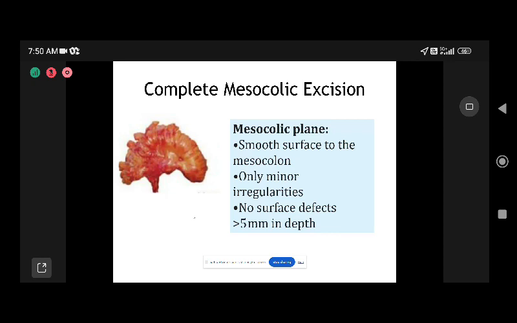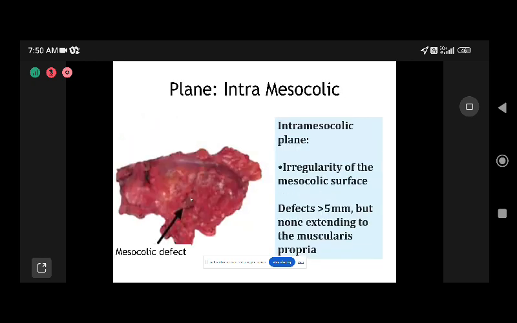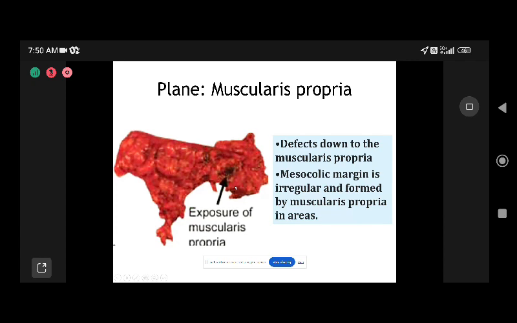In the mesocolic plane, you can see a smooth surface to the mesocolon, no irregularities, and surface defects are less than 5 millimeters in depth. Whereas in the intramesocolic plane, you will start seeing mesocolic defects, but these are not extending to the muscularis propria. And when you start seeing exposure to the muscularis propria, that is a muscularis plane, so that needs to be avoided.